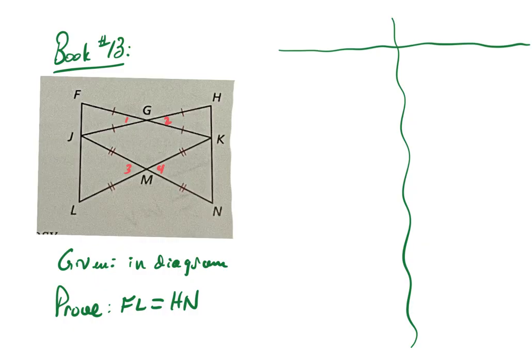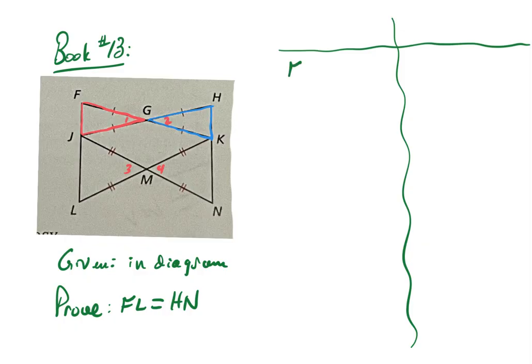And then my plan is to start by proving this upper left triangle is congruent to this upper right triangle. I'm going to prove those two are congruent, and it doesn't take much. Let me do it relatively quickly.